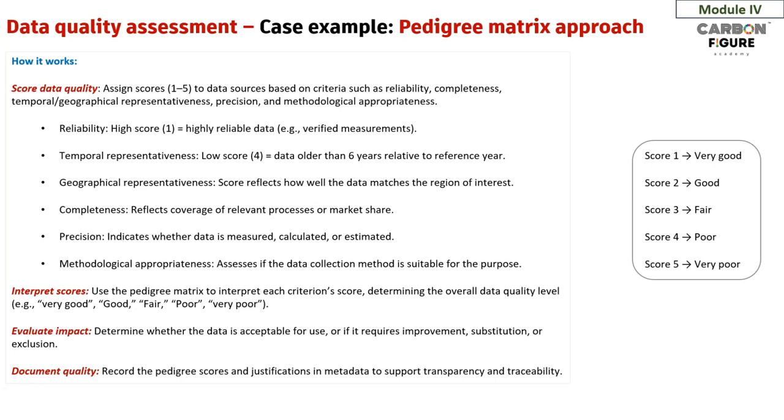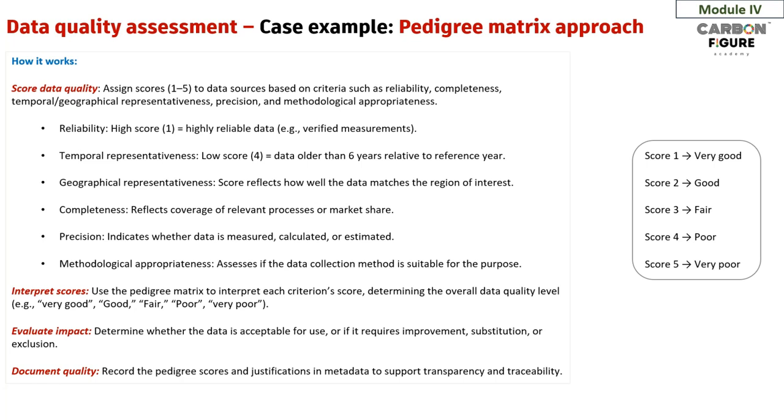Assign scores 1 to 5 to data sources based on criteria such as reliability, completeness, temporal and geographical representativeness, precision, and methodological appropriateness. If it is reliability, a high score of 1 gives highly reliable data, that is verified measurements. For temporal representativeness, if the score is 4, then the data is older than 6 years relative to the reference year.